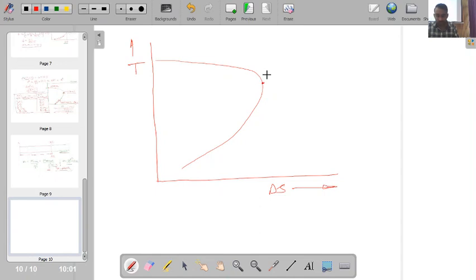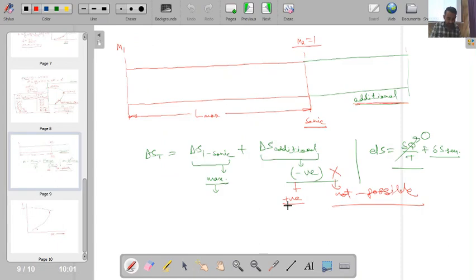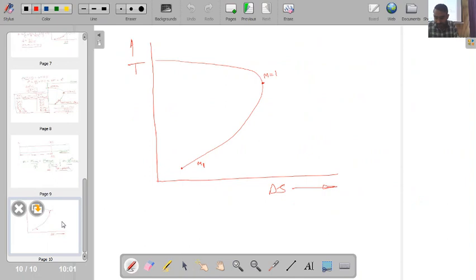This was your point corresponding to, say, Mach number equal to 1, when you have, say, mass flow rate of fluid as m1. So what I have said now is that this additional portion will give us more value of entropy. So in this zone we will get more value of entropy, and my curve will shift somewhere towards the right. Is this point clear? Because the entropy value is increasing with this additional length portion.